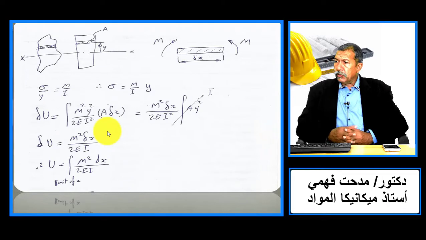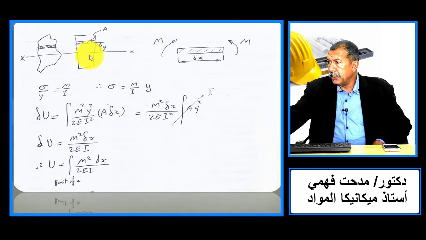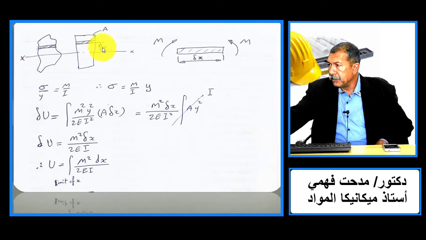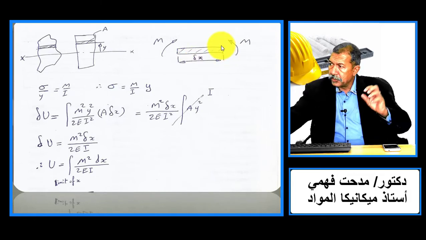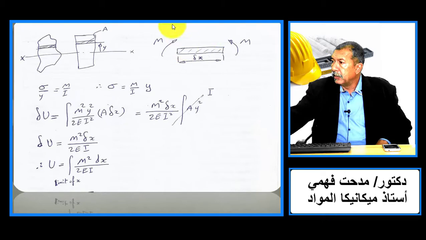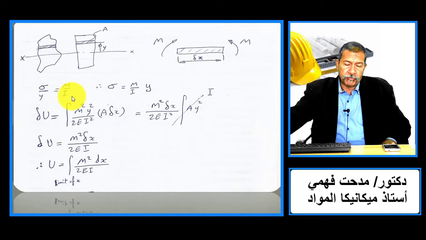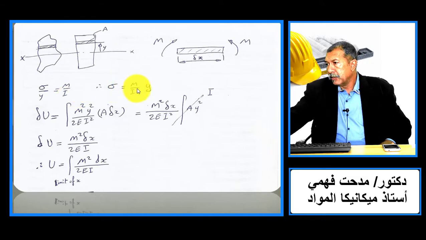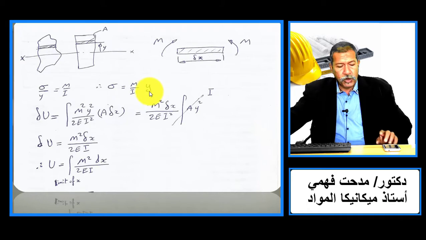If we take this for a body, as we see here in the drawing above the page, if we take an area at a distance y from the neutral axis xx, and this area we put as delta A, and we take this element from a main bar, it has a bending moment in the two directions. If we relate it to sigma over y equal M over I, which is the bending moment formula, we can put sigma equal to M over I times y.